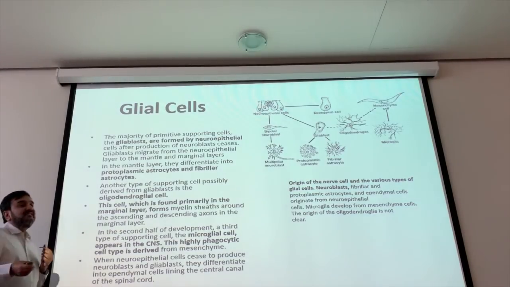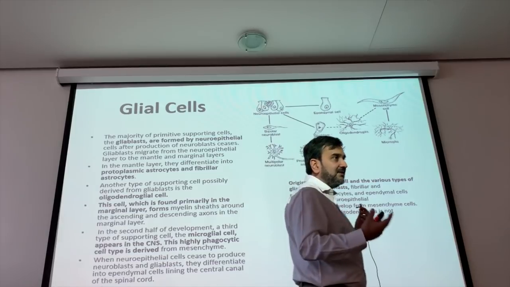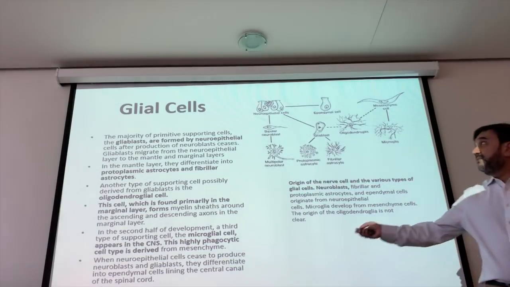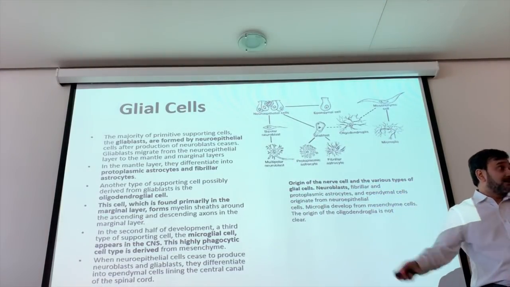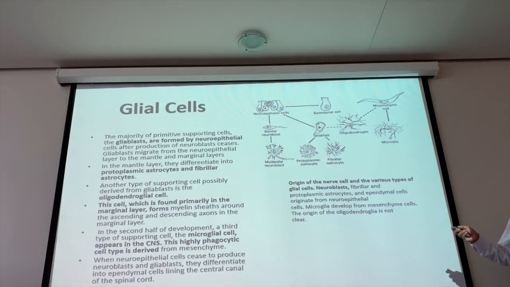Now, besides neurons, we also have supporting cells in the brain and the central nervous system, and these supporting cells are called glial cells. There are 4 or 5 major types of glial cells. One are the astrocytes. Astrocytes are similar to fibroblasts in the rest of the body, the connective tissue.